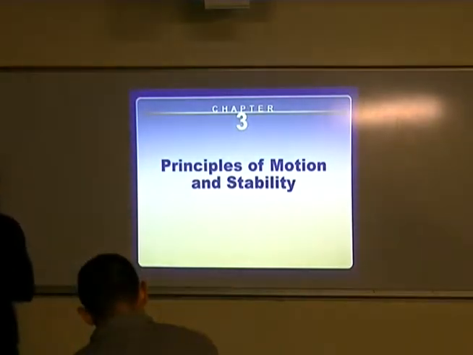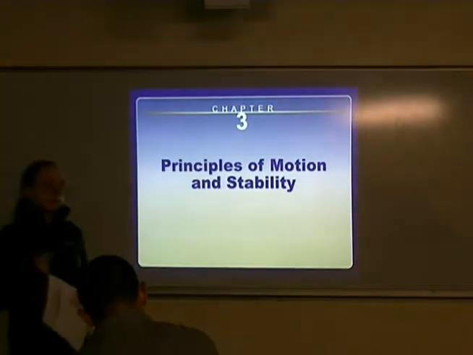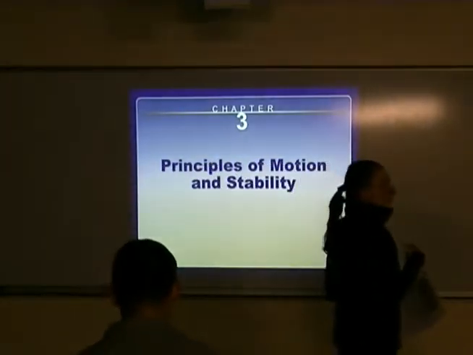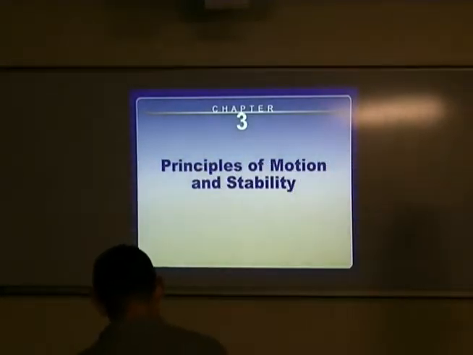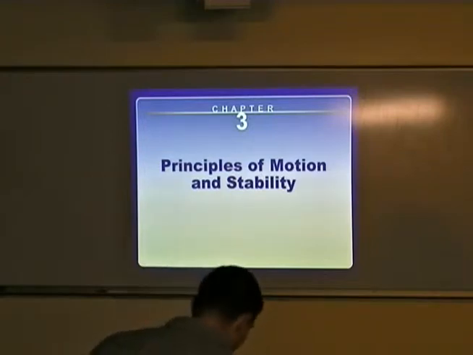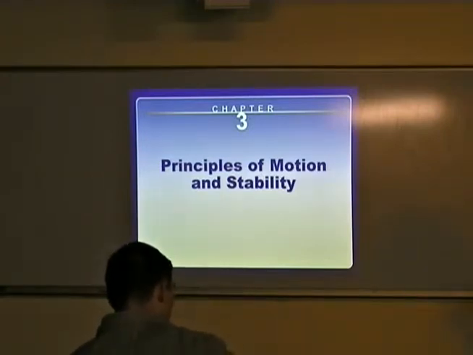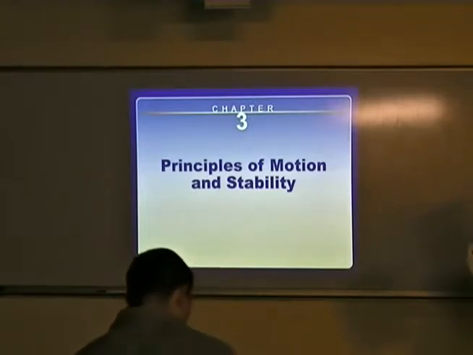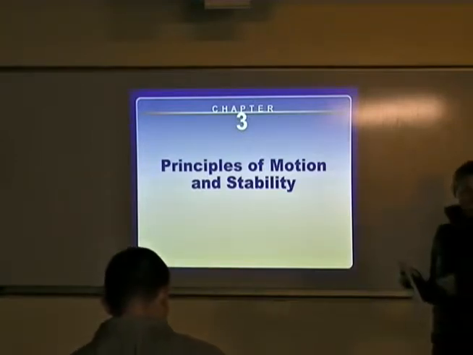Does increasing stability within a skill increase or decrease mobility in that skill? Could you say that one more time, please? Sure. Does increasing stability within a skill increase or decrease mobility for that skill?